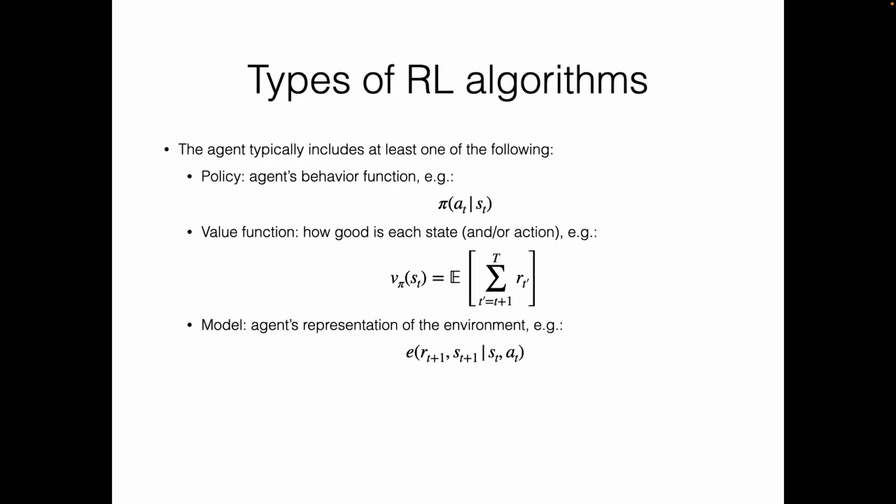And then the other thing is you can try to learn a model of the environment. Here I've written it with a lowercase e, so this isn't going to be the actual environment. This is going to be one inside of our agent. And it's going to try to learn, given the current state and maybe given an action, what would the future state look like and what reward would I get?